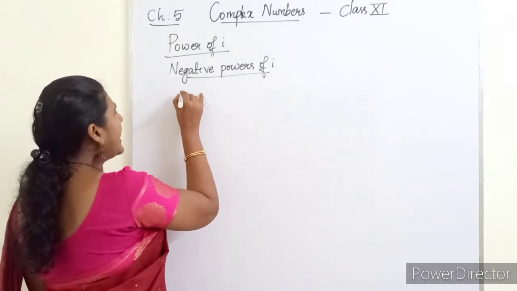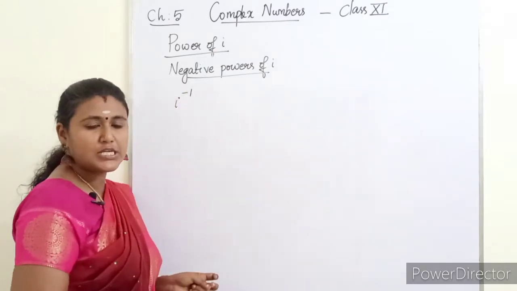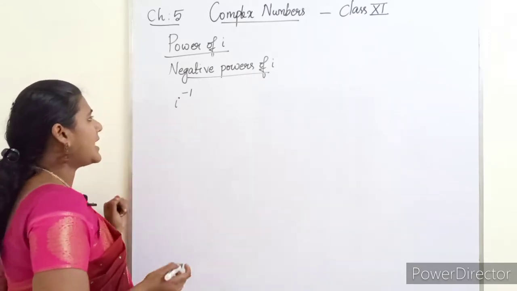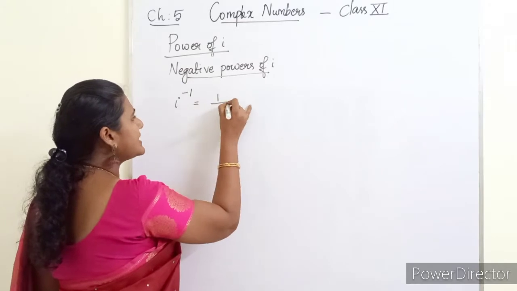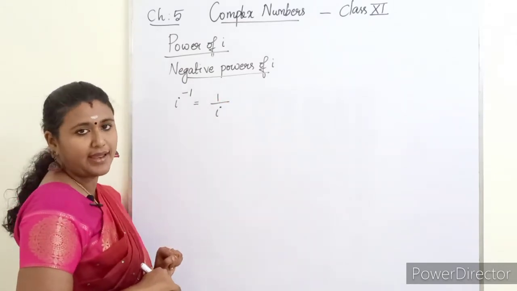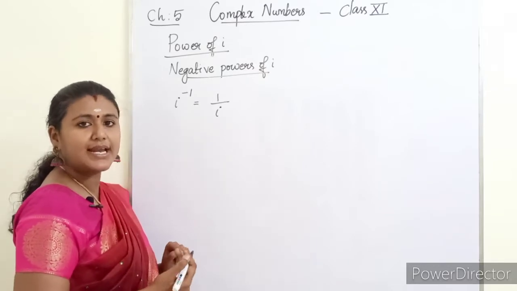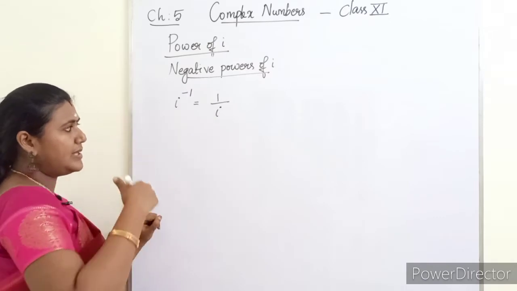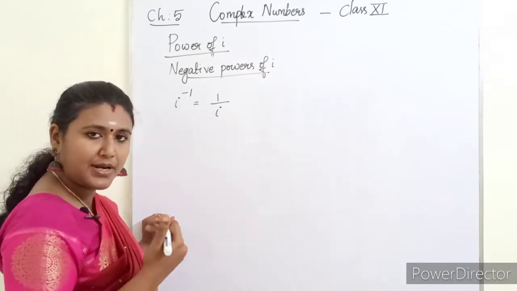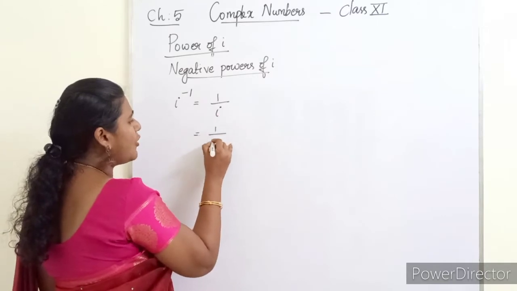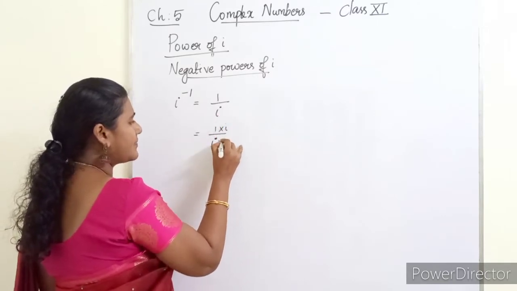So now we will see negative powers of i. How to find i power minus 1, minus 2, minus 3, minus 4 values. So i power minus 1, what is its meaning? Negative power means we can write i power minus 1 as 1 by i. Since we have an imaginary number in the denominator, we will multiply both numerator and denominator by i.